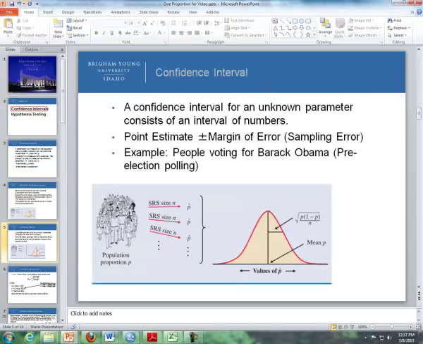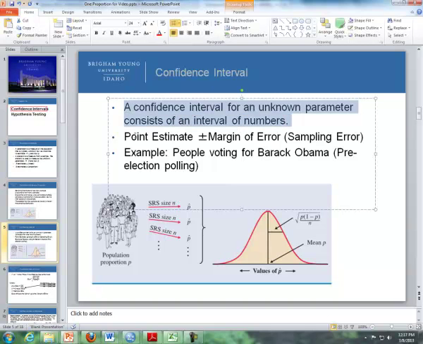A confidence interval for an unknown parameter consists of an interval of numbers. So this is review. A confidence interval basically involves a point estimate plus or minus a margin of error. For instance, in a pre-election poll before a general election, say we're interested in seeing how many people will vote for President Obama for re-election.